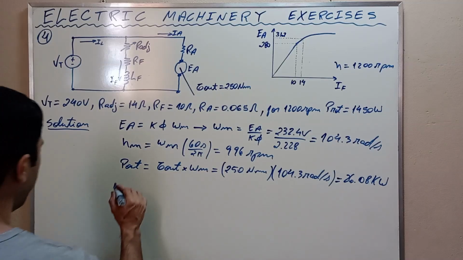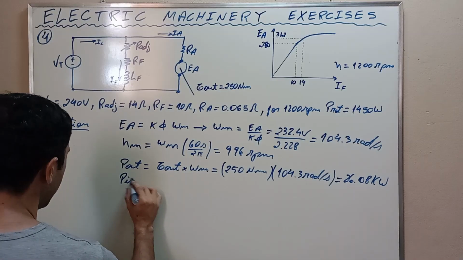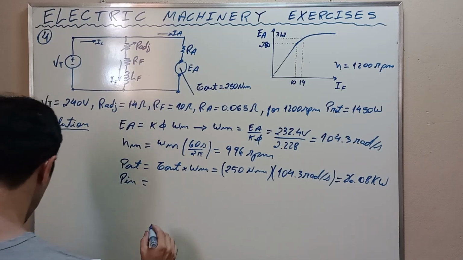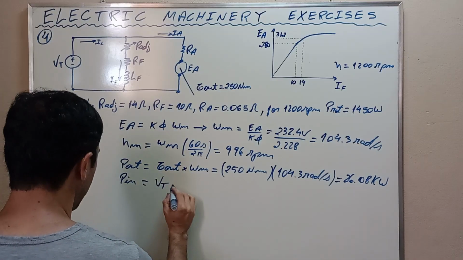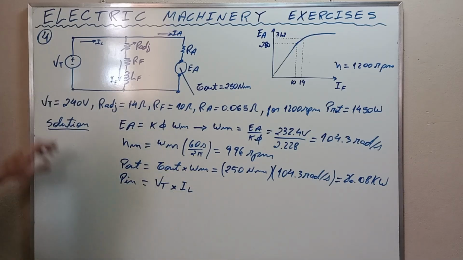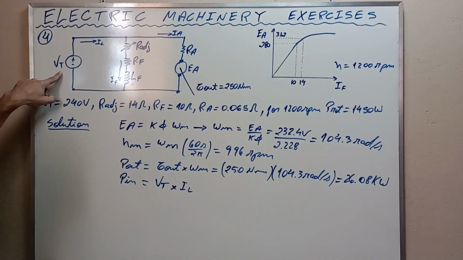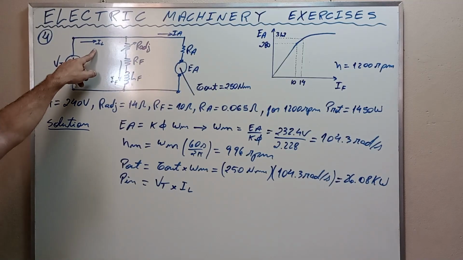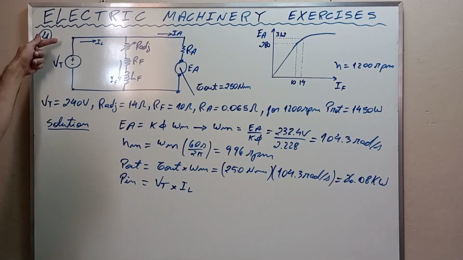All right, and how about the input power? The input power is equal to the terminal voltage times the current IL. Take a look at this. The voltage here, the terminal voltage, times this current here, IL.